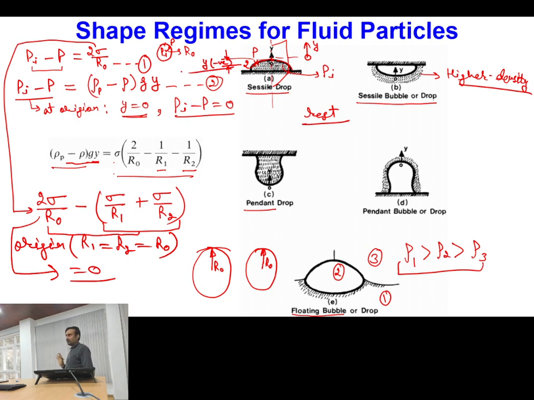Obviously the dashed portion is representing the higher density, so the density of the particle, rho p, is greater in comparison to the density of the surrounding phase. So that's why the rho p minus rho term will be positive for this particular case. So if rho p minus rho is positive and y is negative, this entire left hand side will become negative.